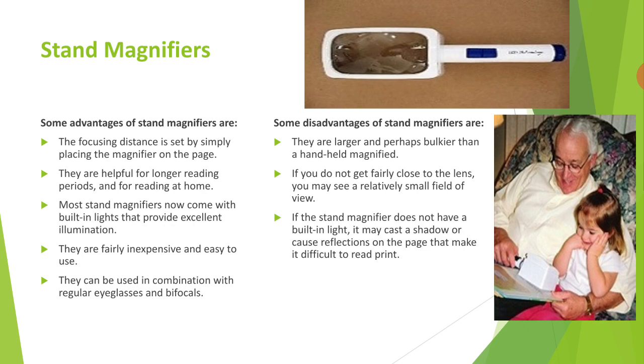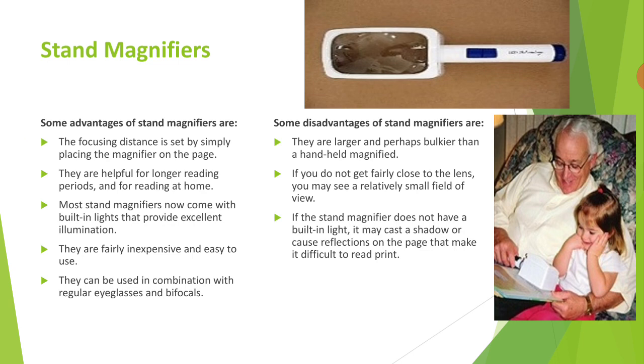When using this stand magnifier, we have advantages for low vision patients. One, focusing distance is set by simply placing the magnifier on the page, which is helpful for longer reading periods and for reading at home. So for low vision patients who love to read, you can use this magnifier for a long time.